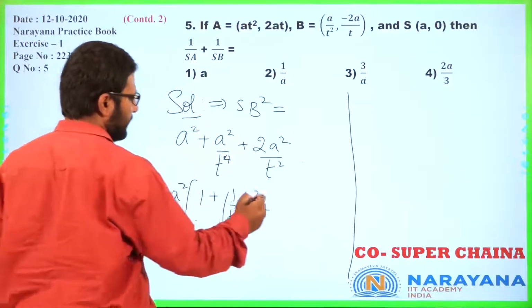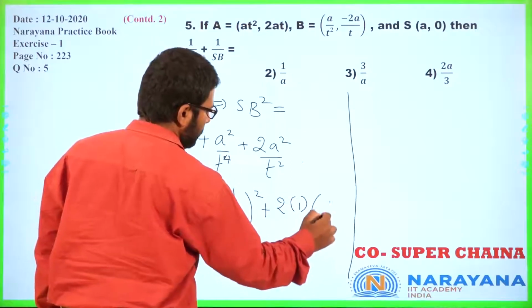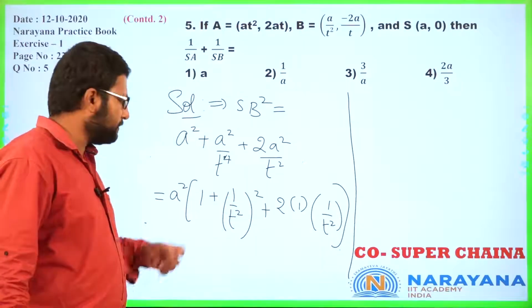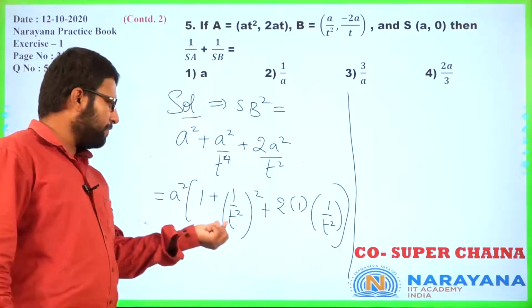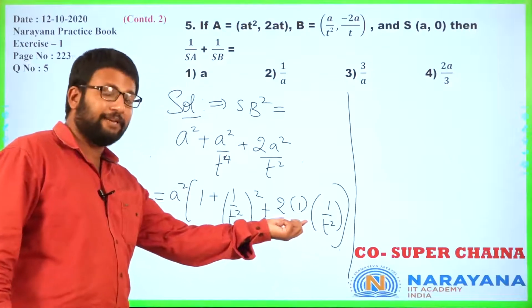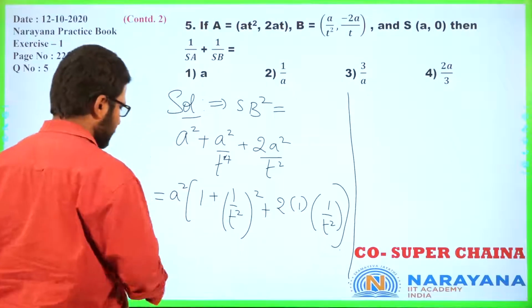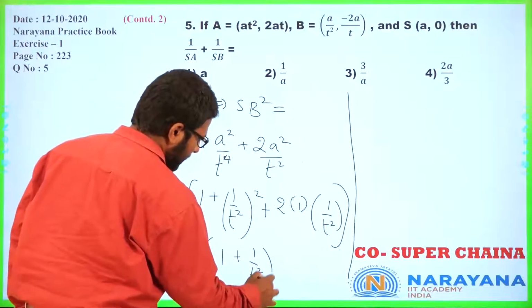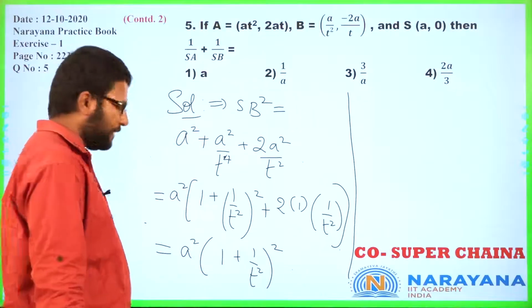a square has come outside. So 2 into 1 by t square. Why are we writing it like this? Because this then becomes a square plus b square plus 2ab, right? Which is (a + b) the whole square. So this is a square into (1 + 1/t²) the whole square, right?